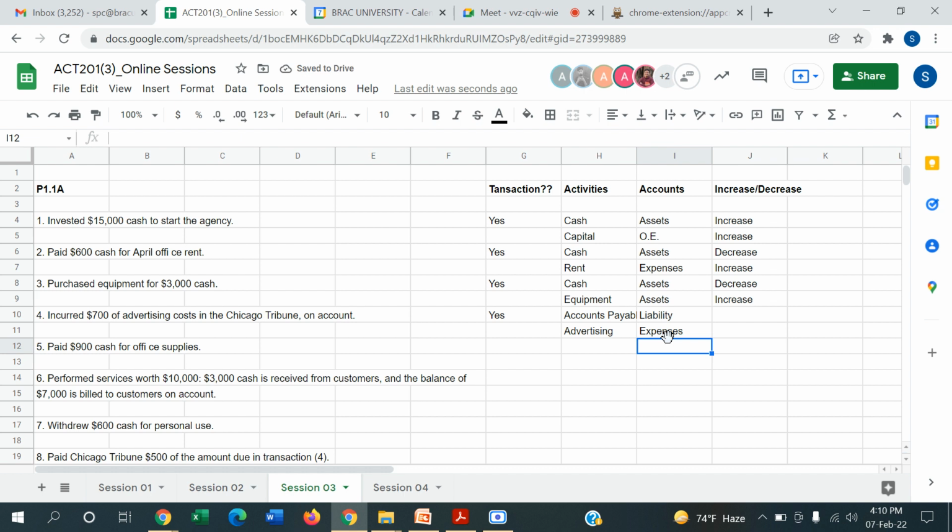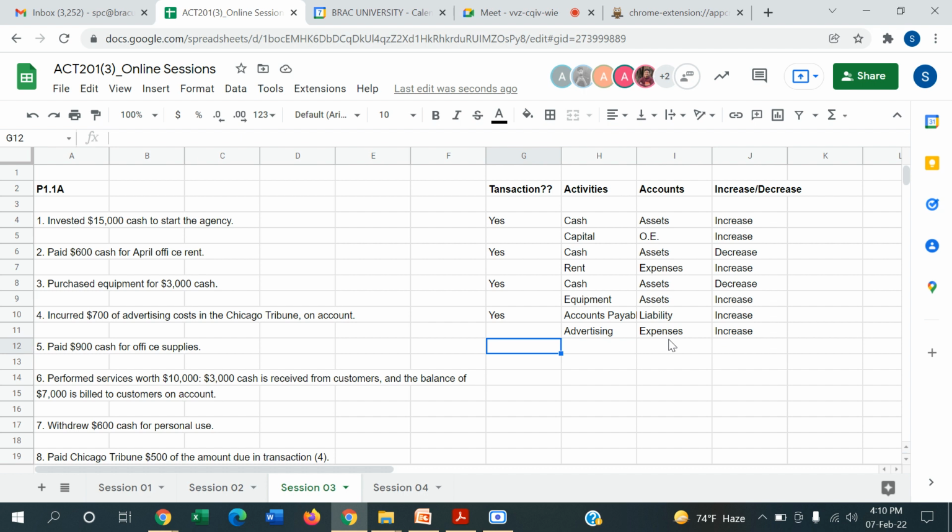Whenever advertising activities are incurred, it's considered that you are continuously having the benefits of the advertisement. That's why it's considered an expense. And the changes: accounts payable increases and advertising also increases. There was no liability before that activity, so liability increased, and nothing had happened regarding the advertisement before, so your advertising expense also increased.